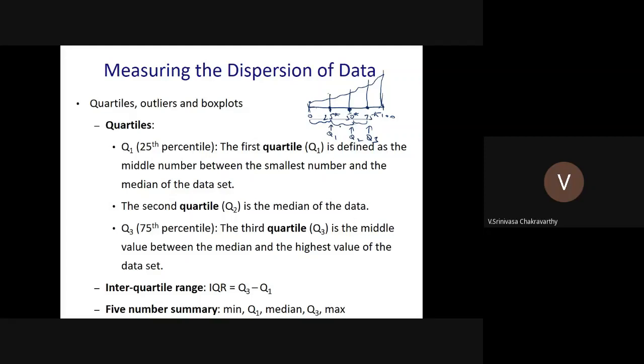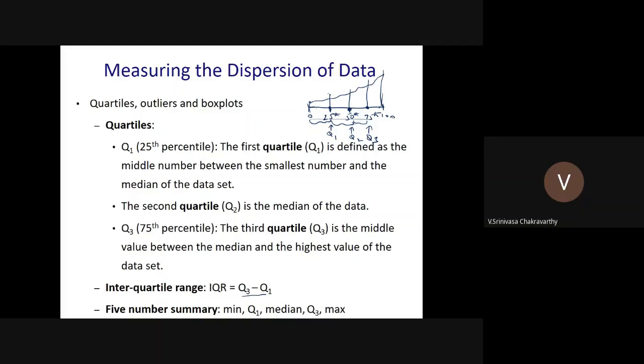Now, Q1 gives some kind of central tendency. Q1 and Q3 tell you some notion of the spread in either direction from the central tendency, and therefore Q3 minus Q1 is similar to the idea of a standard deviation, but not exactly the same. This is called the interquartile range, Q3 minus Q1.